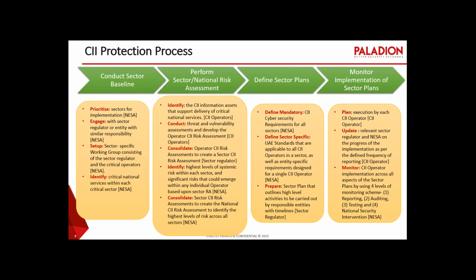And the fourth is a higher level of intervention, wherein NESA has the authority to intervene and say that certain risks are not getting mitigated, and it may boil down to certain level of penalties and stuff like that. So this is the complete high-level process that NESA talks about to secure the critical information infrastructure.